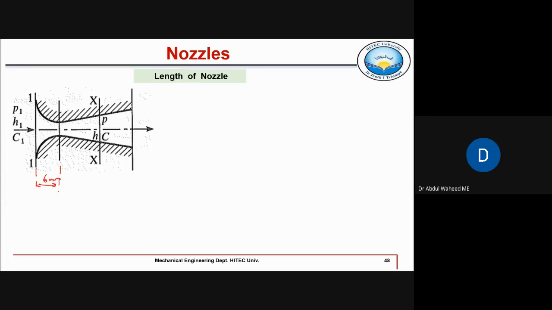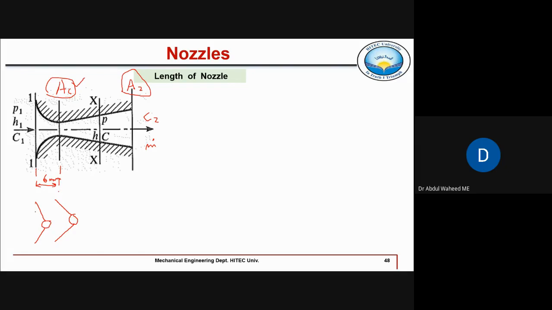Because we have already discussed how to calculate the throat area and how to calculate the exit area to attain a certain C2, and for a certain M2 we can calculate A2 and AC. So now, once AC is known, from inlet till throat we can make it as short as possible, like this one, or you can make it a little longer, like this one, to reach the same areas, the areas defined by this cross section, right?